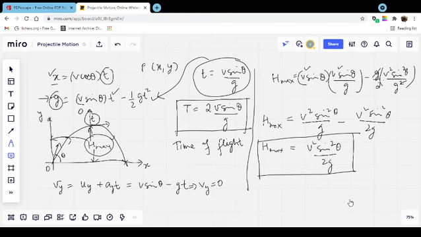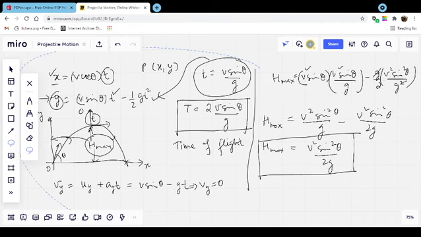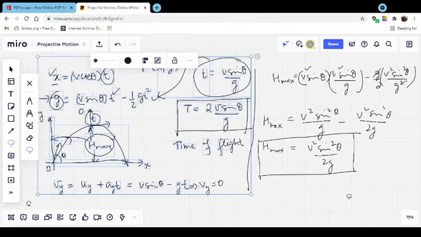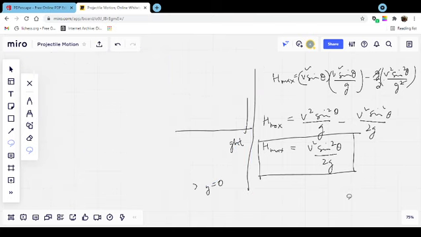Next, we want to find the range of the motion of the body. To find the range, we will simply take x.